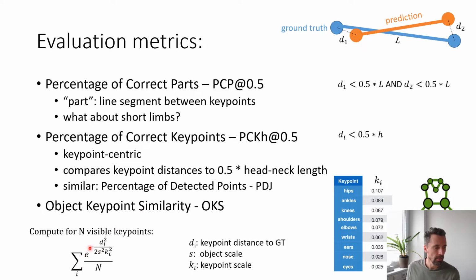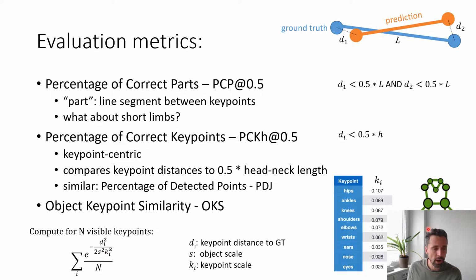So we take e to the minus square of this distance. So again, key point prediction to ground truth distance, but we divide that by a global scale of the object given in a data set, and also times the square of this key point scale.